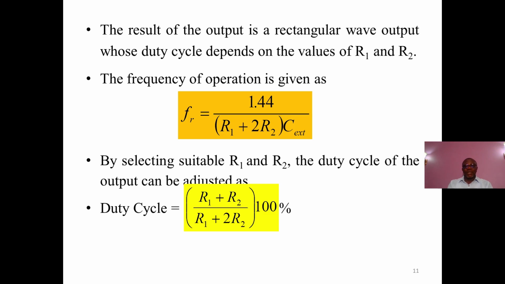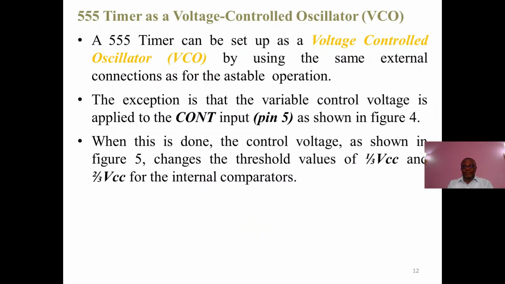By selecting suitable R1 and R2, the duty cycle of the output can be adjusted as duty cycle equals (R1 plus R2) over (R1 plus 2R2) times 100%. We take that as the duty cycle.